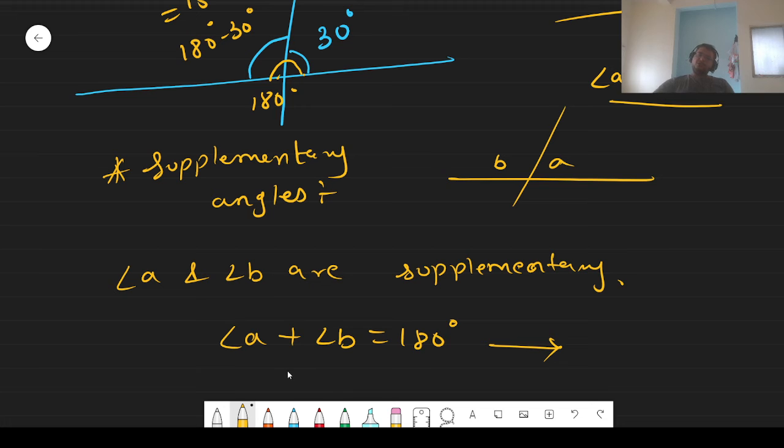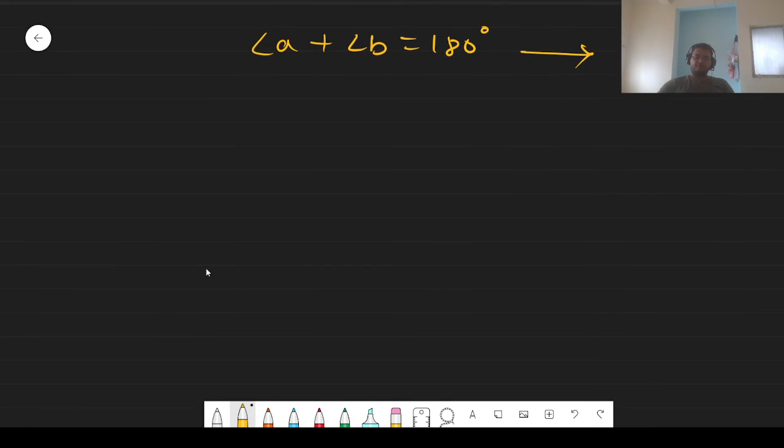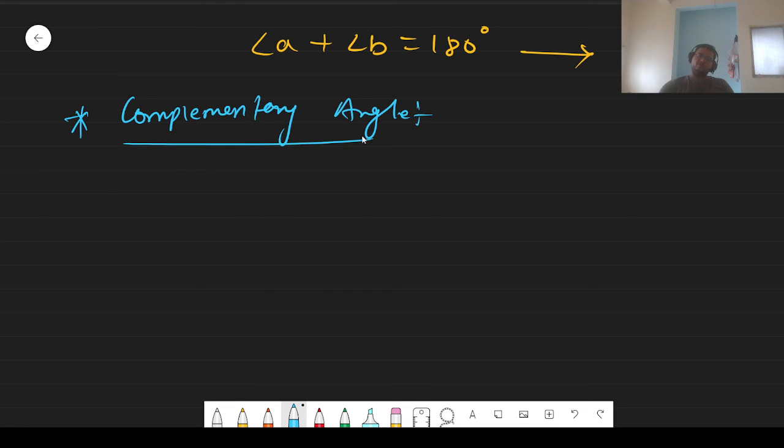Fine. So now we can also study one other topic really quick, that is complementary angles. What do you mean by complementary angle? Say I have two lines, one line is L, the second line is M, and they are perpendicular to each other.